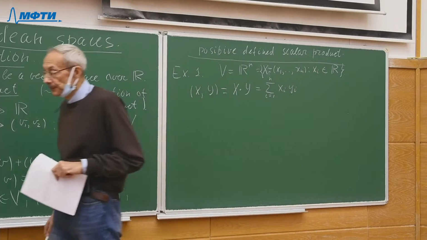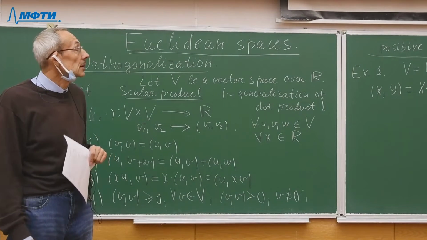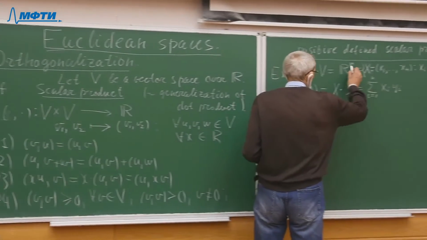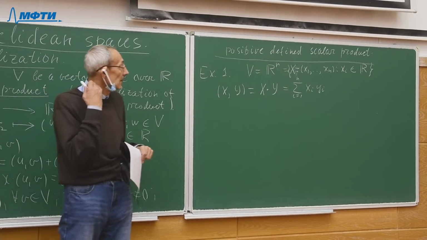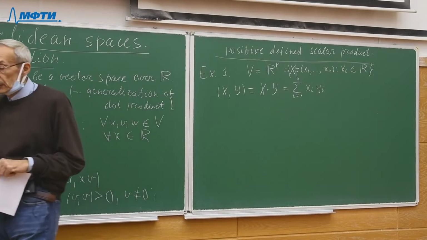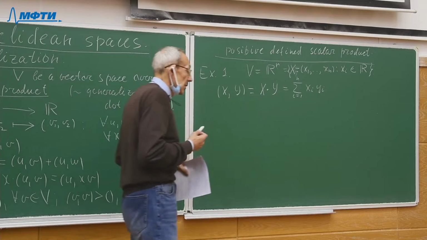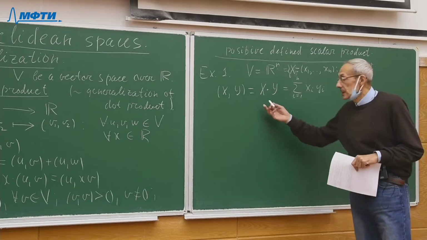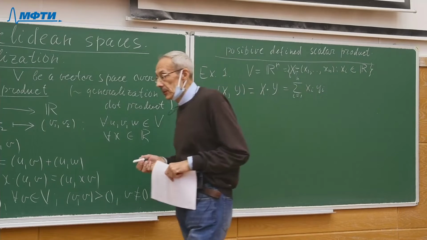If the size n of these n-tuples equals 2 or 3, we are dealing with the coordinate presentation of the geometrical vector space, and this scalar product coincides with the dot product on this geometrical vector space.